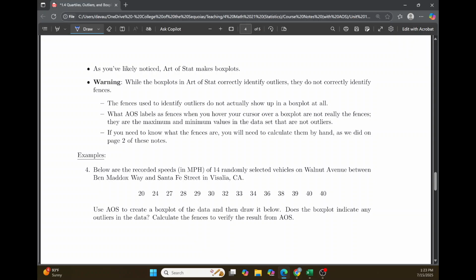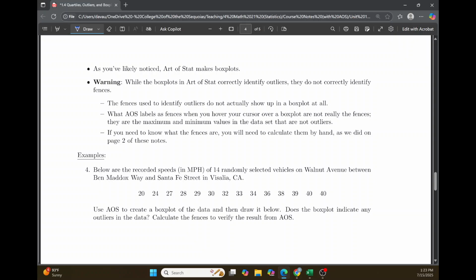One warning that I would make is that the boxplots that Art of Stat makes correctly identify outliers as far as I'm aware, but they don't correctly identify fences. If you make a boxplot in Art of Stat and hover your cursor over it, it'll label different things for you, like the quartiles.